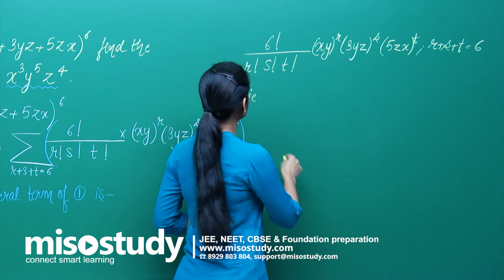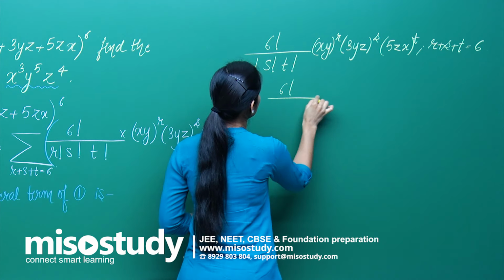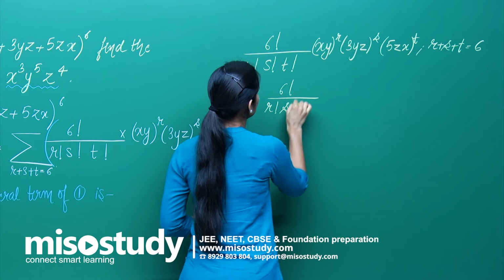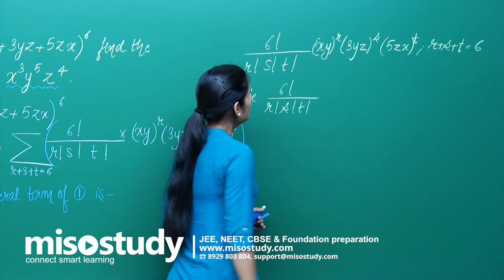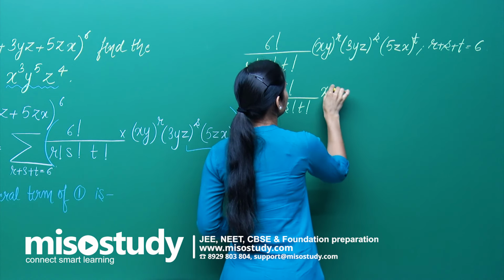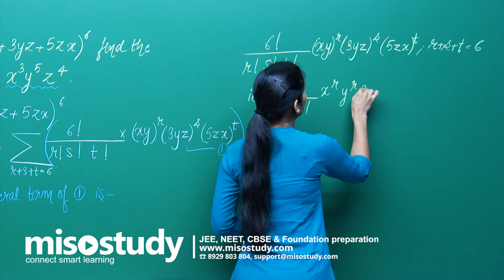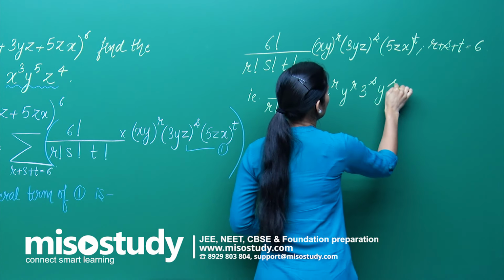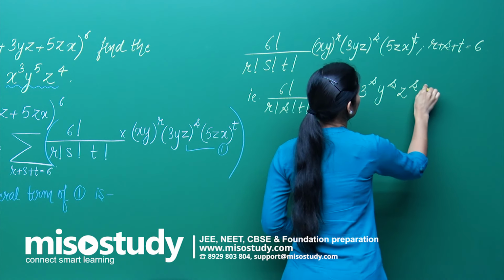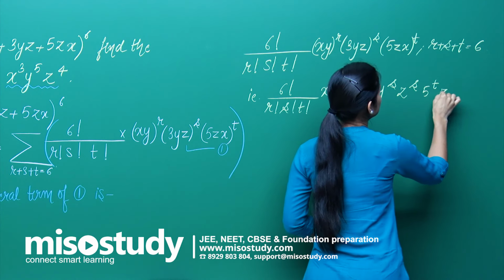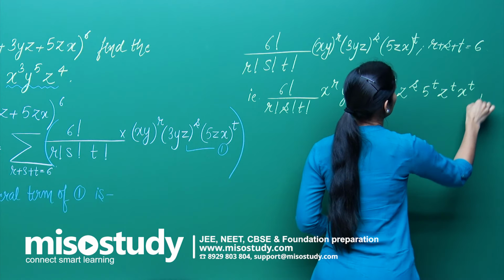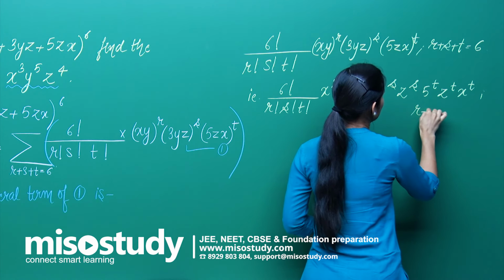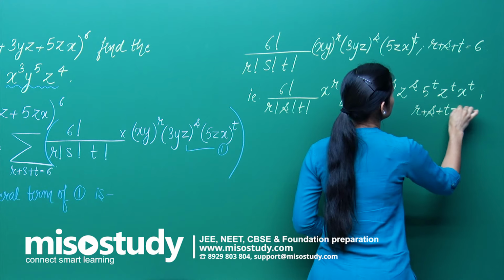Clear? So this will be 6 factorial upon r factorial s factorial t factorial. This will be x to the power r, y to the power r, 3 to the power s, y to the power s, z to the power s, 5 to the power t, z to the power t, x to the power t, such that r plus s plus t is 6.